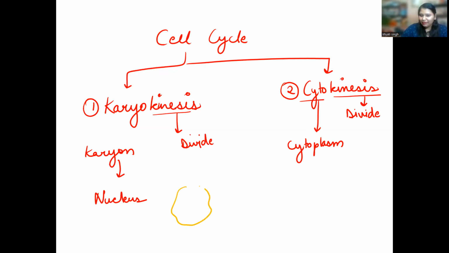For example, this is my cell which contains a nucleus. First, what will happen? The karyokinesis will take place. It means this cell nucleus is going to get divided. Can you see? And finally, my cell contains two nuclei. And then the cytoplasm will divide.